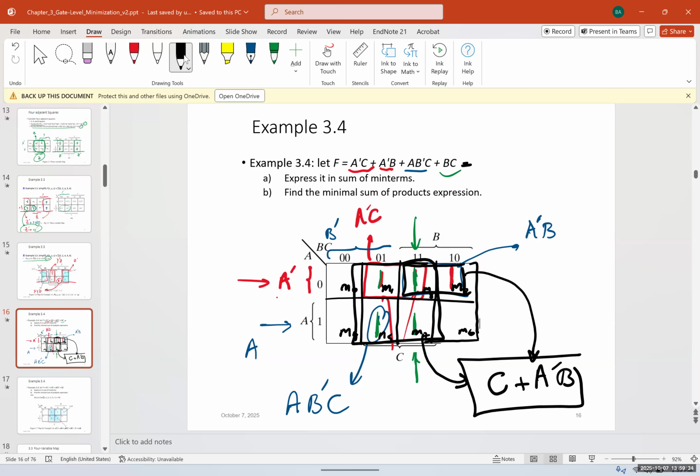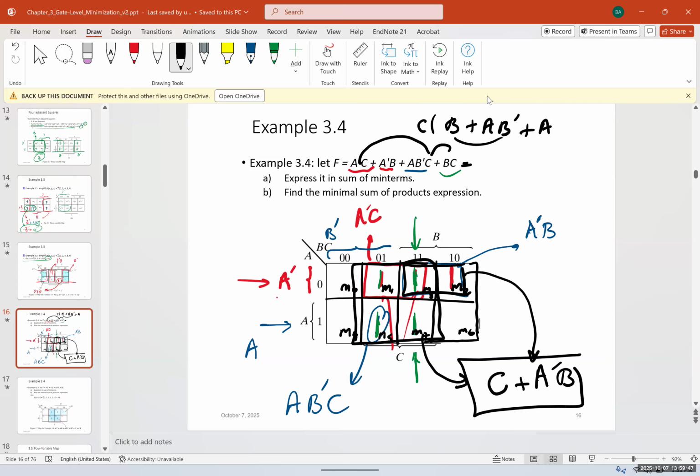And I can also solve this with Boolean algebra as well. And if I do that, again, I can combine this with this with this. So C is common between them. And then I would have B plus A B prime plus A. Then I can combine these 2.